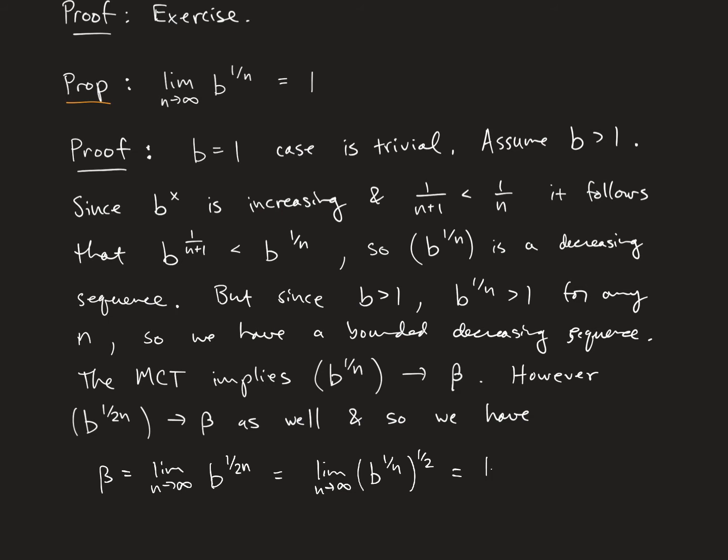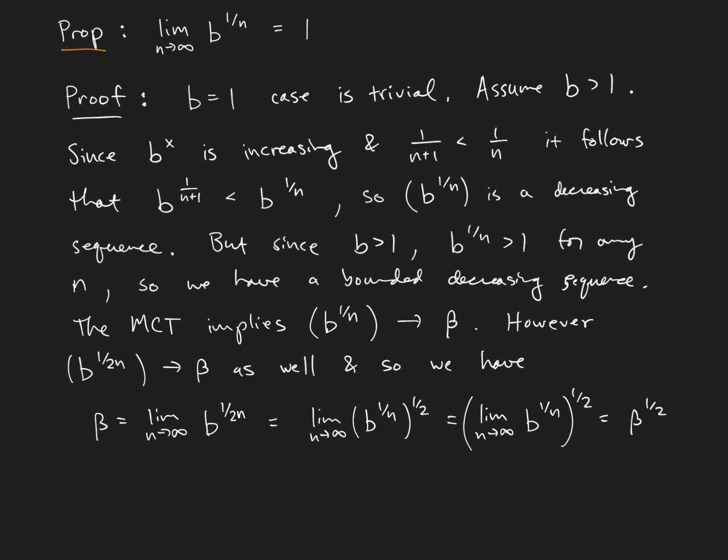That's equal to the limit of b to the 1 over n to the 1/2, and that is just equal to beta to the 1/2.